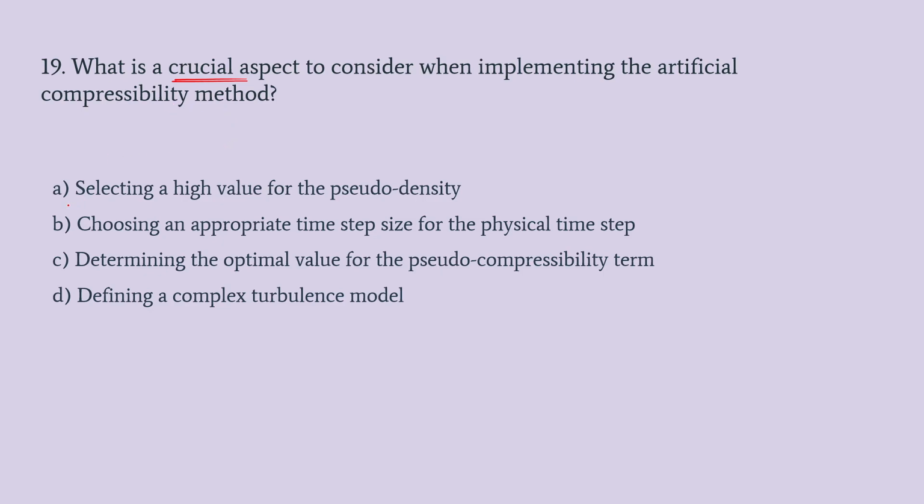Options are: option A, selecting a high value for pseudo density; option B, choosing an appropriate time step size for the physical time step; option C, determining the optimal value of pseudo compressibility time; option D, defining a complex turbulence model. You can try to answer the question. You can inbox your answers.